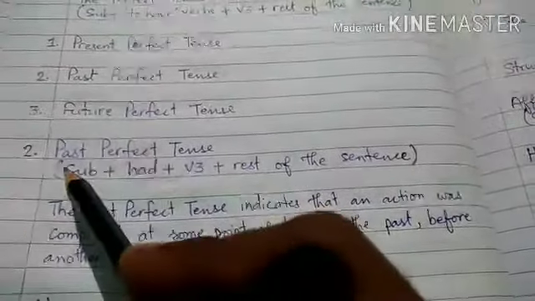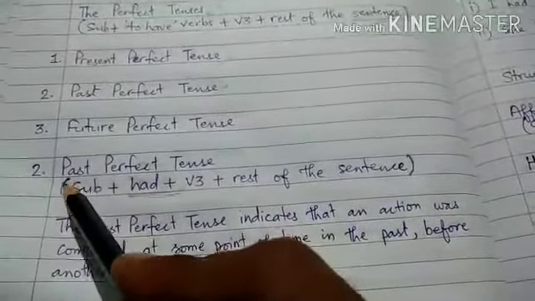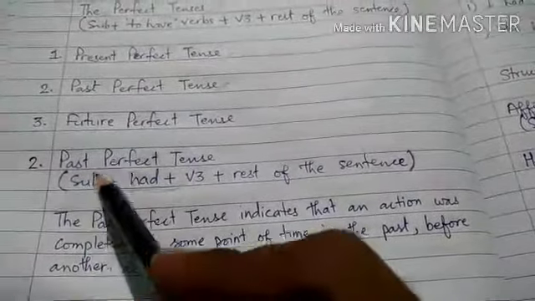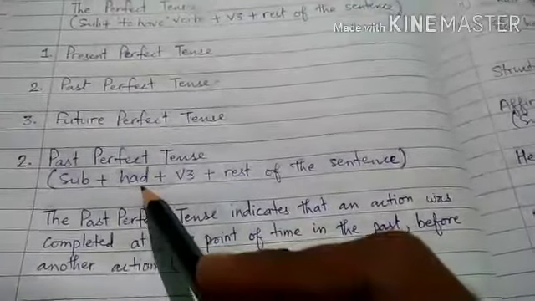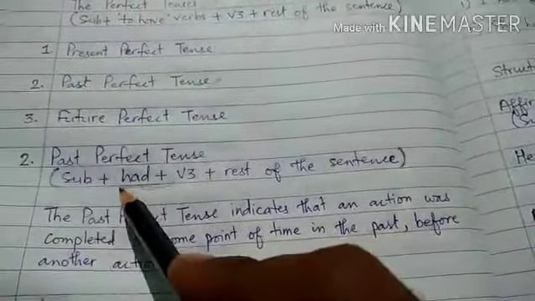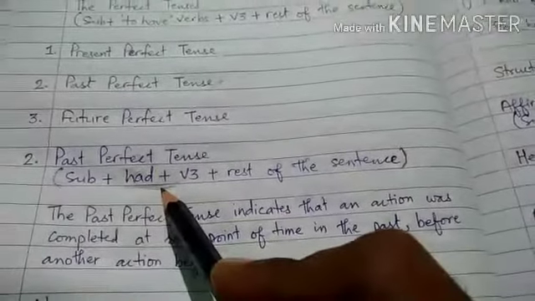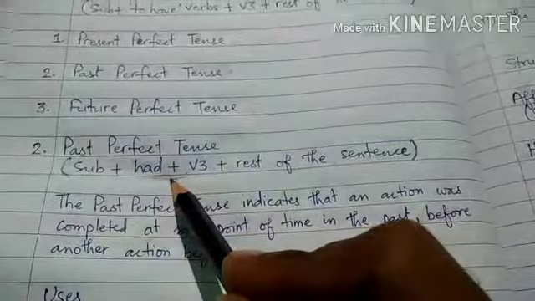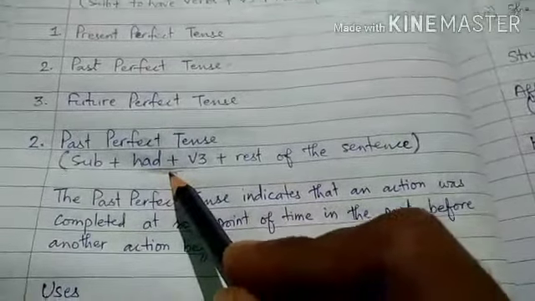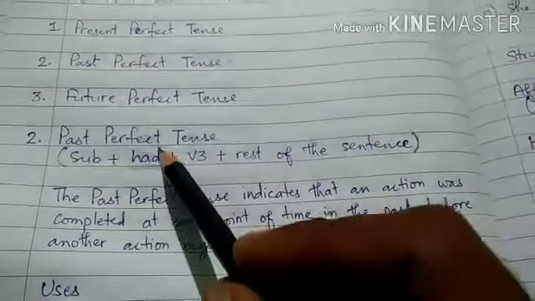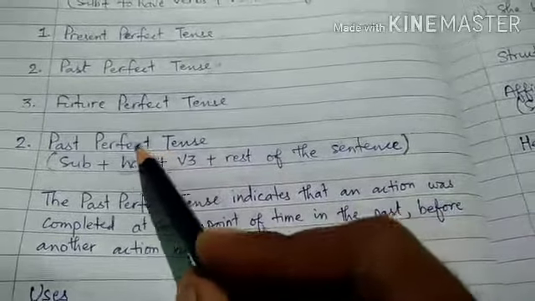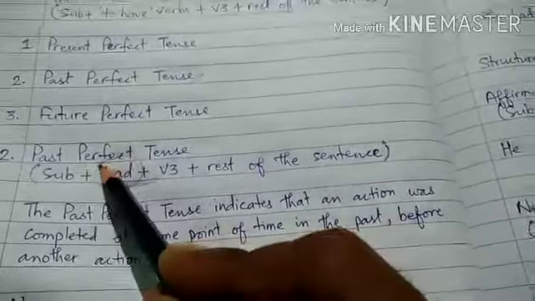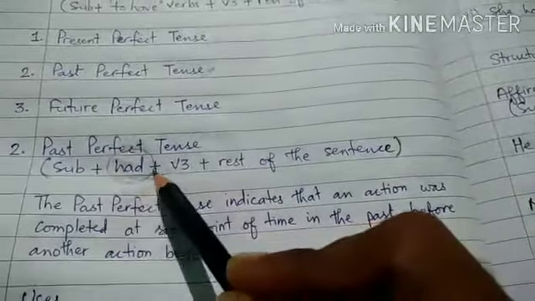So the affirmative form of sentences in the past perfect tense is, at first we have the subject. After that, as I have already told you, we have the helping verbs, the auxiliary verbs, in the perfect tenses. From the group of to have verbs in the past perfect tense, we take had. We use had as the auxiliary verb or the helping verb.